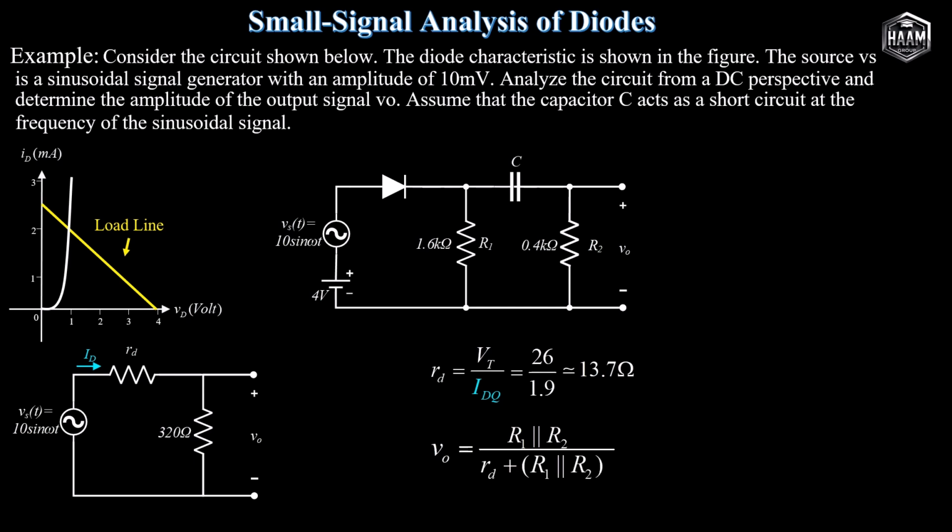Now substituting the values, the output voltage equals 9.6 sine omega t millivolts for the small signal AC voltage. This completes the AC signal response.